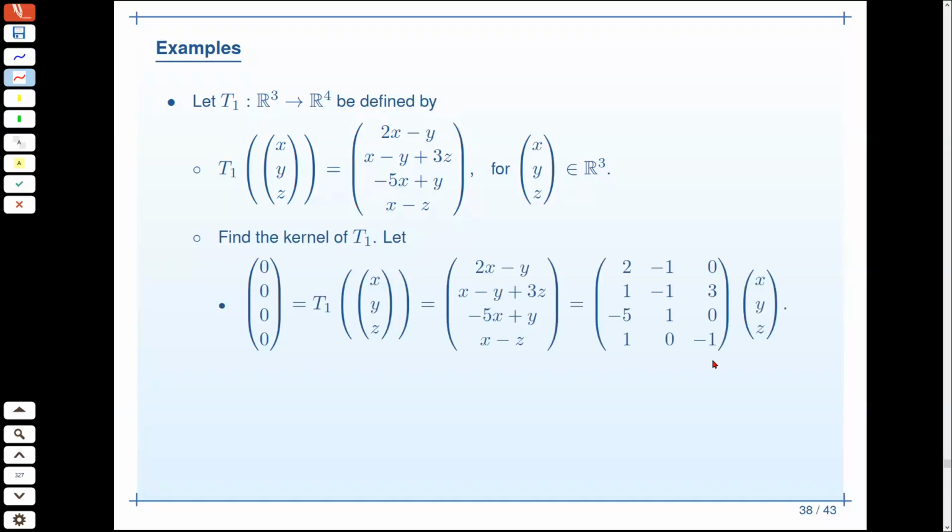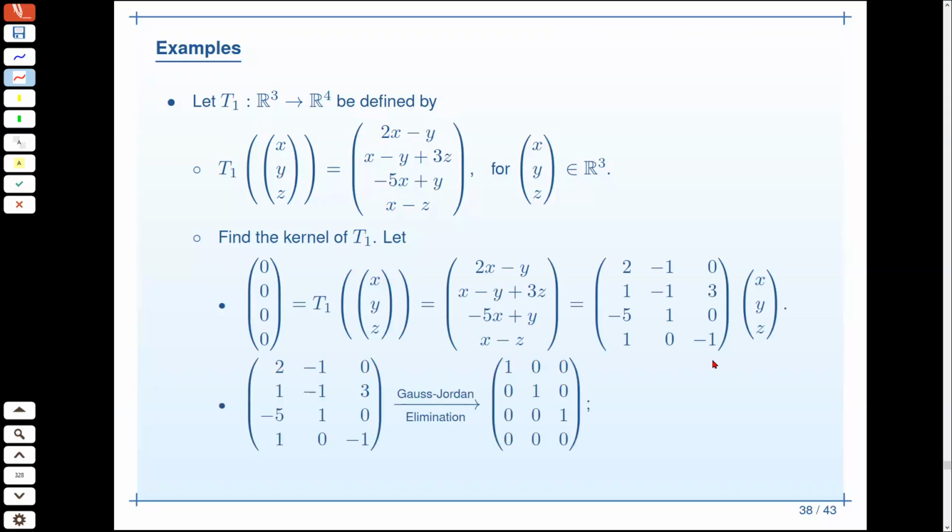This is a homogeneous linear system, so we apply Gauss-Jordan elimination. You can see that all the columns are pivots. What does it mean? Only the trivial solution. So the kernel is just the 0 space.